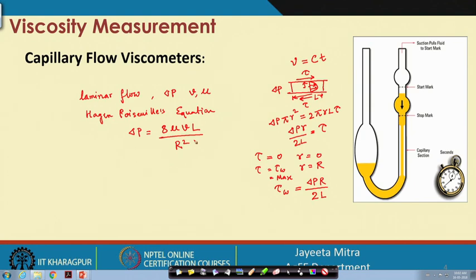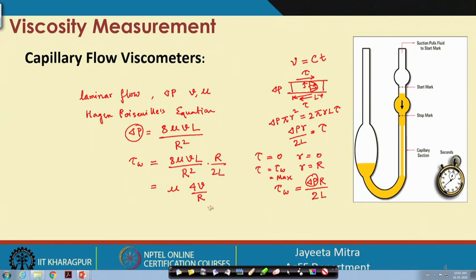Now, if we replace this delta P in this equation, we get tau w equal to 8 mu V L by R square into R by 2 L. So, mu into 4 V by R, right.